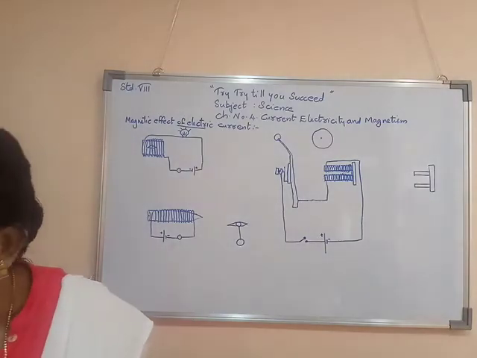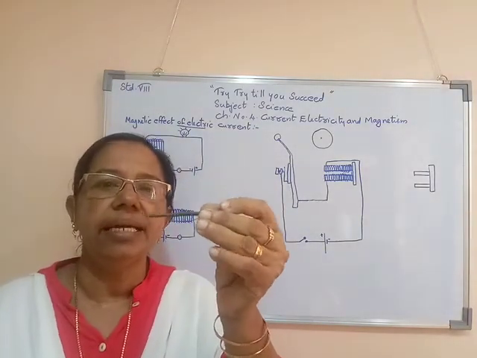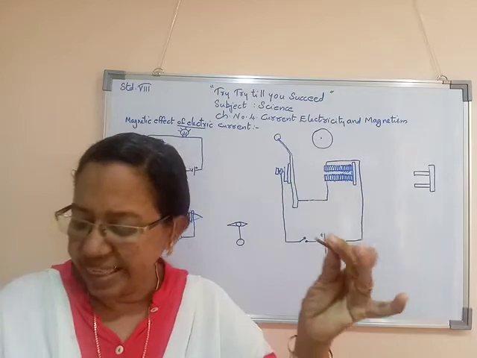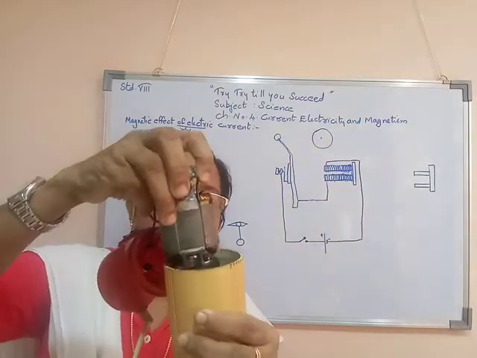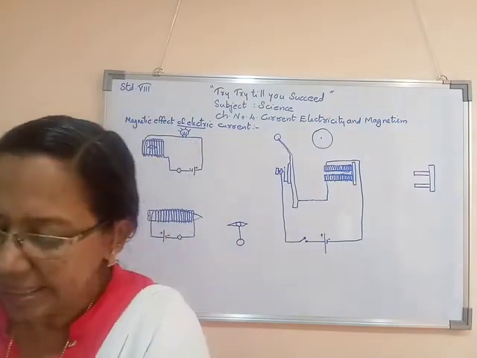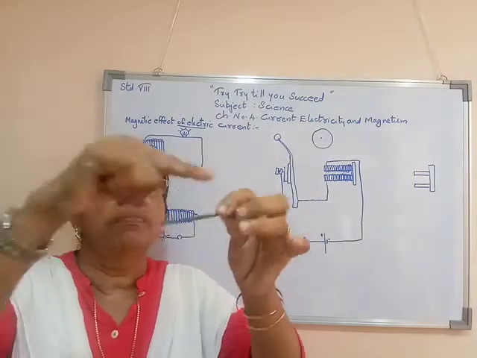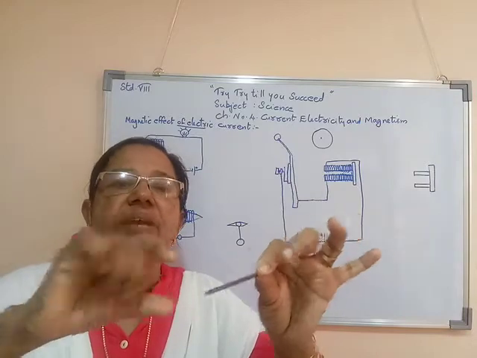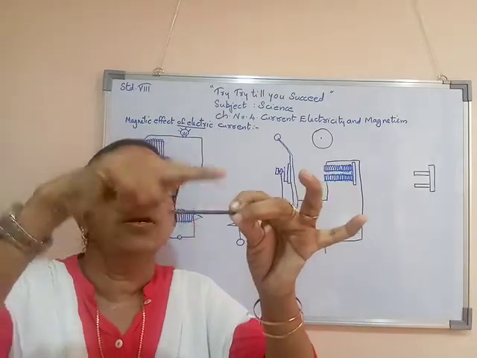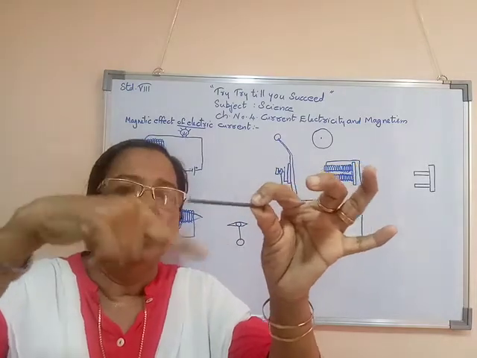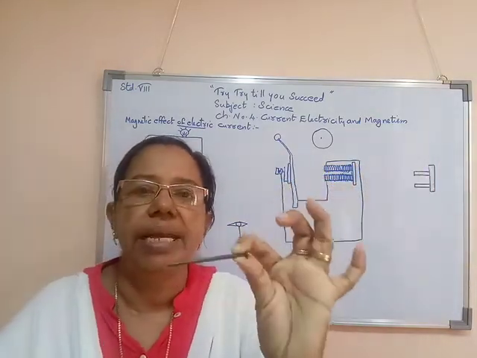Here again they took one iron nail. On that, such a type of copper wire as I showed you before, they rolled. About 1 meter length should be there. Such a wire is slowly taken and rolled on this iron nail.